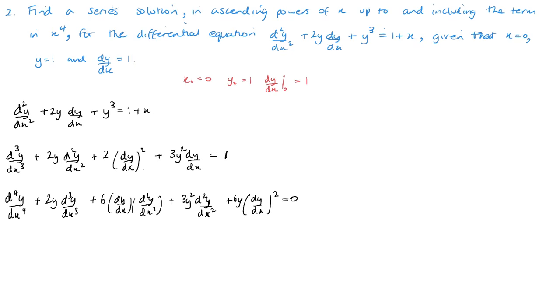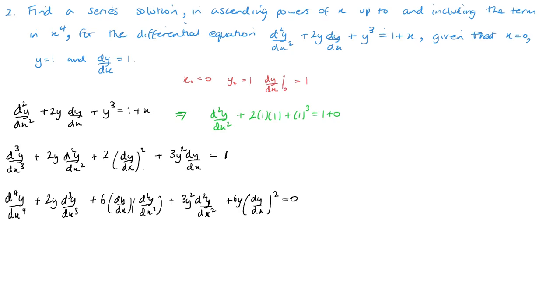So I think I'll use a green for this. So d2y by dx squared plus 2 times 1 times 1 plus 1 cubed equals 1 plus 0.